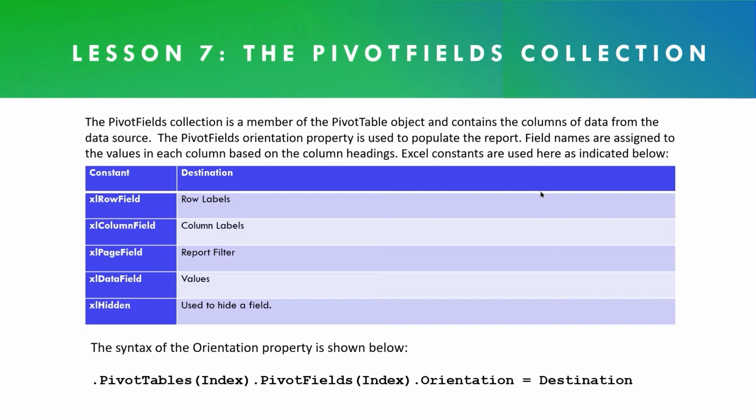So the Excel row field would be for your row labels, Excel column field for your column labels, Excel page field is used for the report filter, and Excel data field is used for the values. You have an extra constant here, Excel hidden, which is used to hide a field. And then at the bottom, I have the syntax of the orientation property for your future reference.